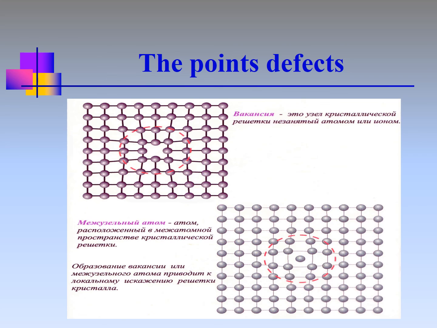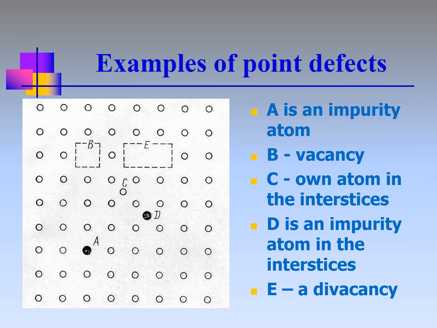Here you can see some point defects, vacancy and interstitial atom. Look here, please. You can see a single vacancy or divacancy, an interstitial atom, the white one the same atom, and the black atom is the atom of impurity.